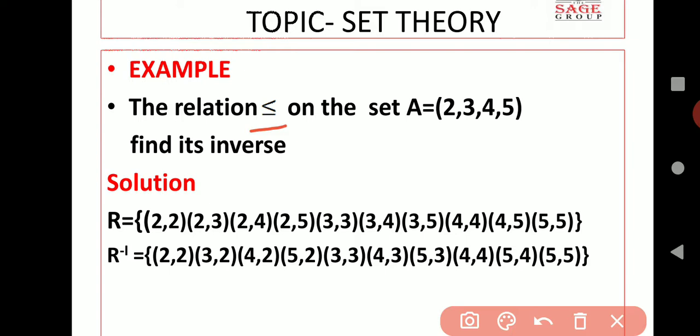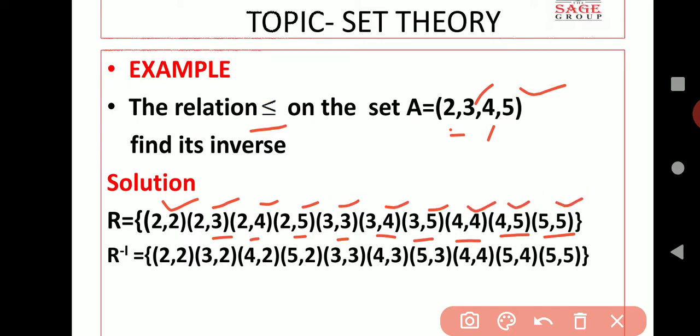So the relation R has (2,2), because 2 is equal to 2, and the next pairs are (2,3), (2,4), (2,5), and for 3 it is (3,3), (3,4), (3,5), and for 4 it is (4,4), (4,5), and for 5 it is only (5,5). So R is equal to {(2,2), (2,3), (2,4), (2,5), (3,3), (3,4), (3,5), (4,4), (4,5), (5,5)}.